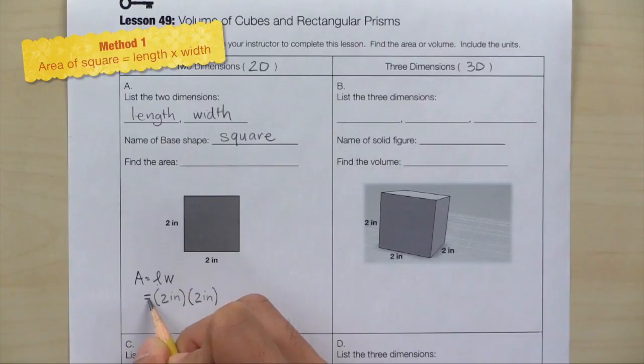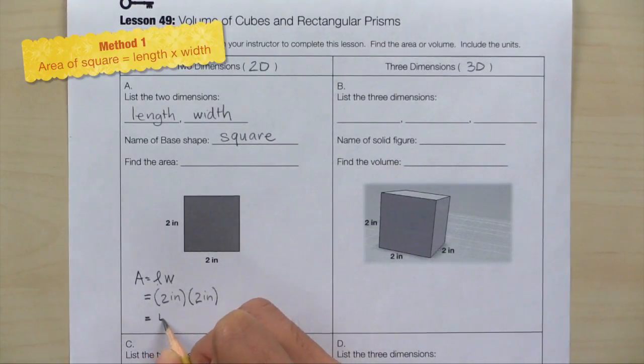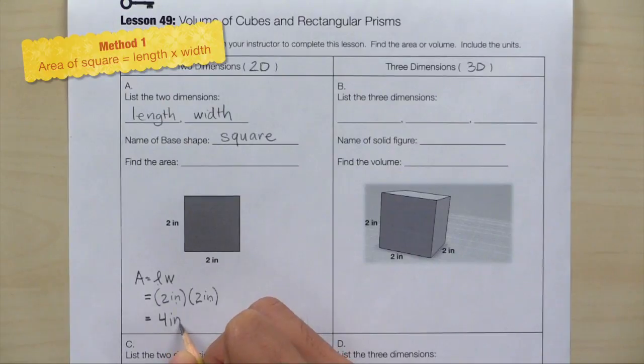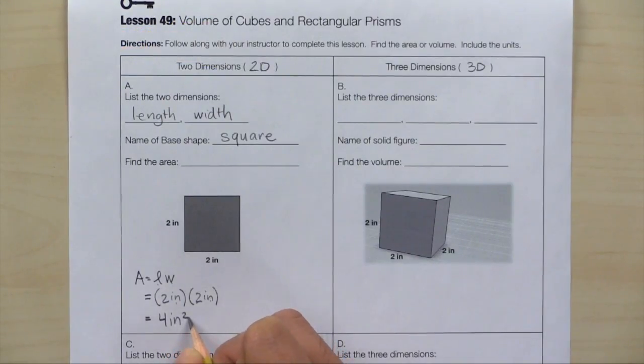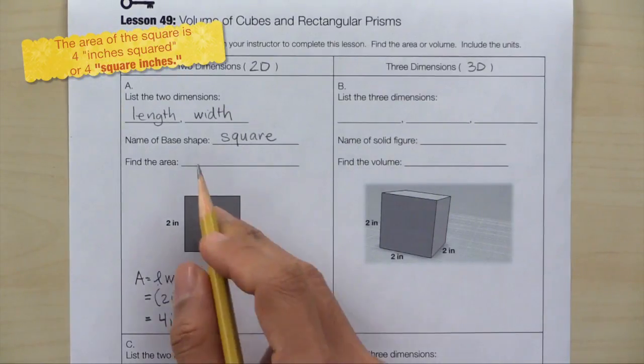Let's simplify. 2 times 2 equals 4. Inches times inches equals inches squared. So the area of the square is 4 inches squared, or 4 square inches. Write it down here.